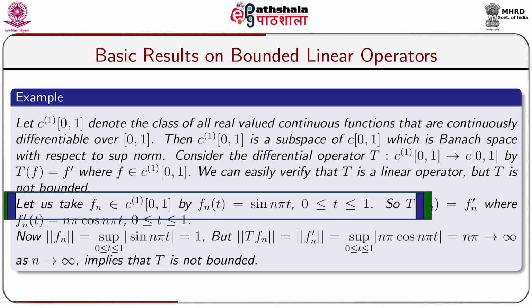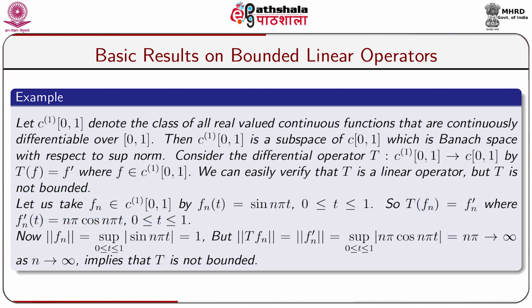Let us take fₙ belonging to C¹[0,1] by fₙ(t) = sin nπt, where 0 ≤ t ≤ 1. Clearly fₙ are differentiable. So T(fₙ) = fₙ', where fₙ'(t) = nπ cos nπt, where 0 ≤ t ≤ 1.